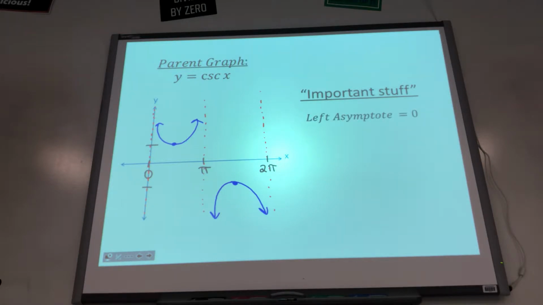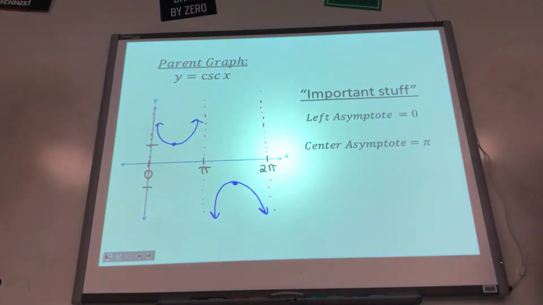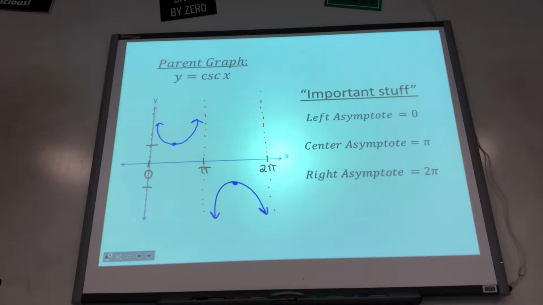Again, I'm pretty well just listing important x values here. So the left is at 0. The center asymptote, CA, if you want to call it, that is at pi. And right asymptote is at 2 pi. Looking good.